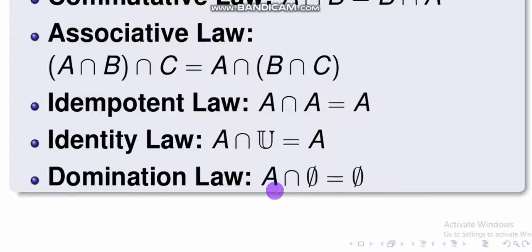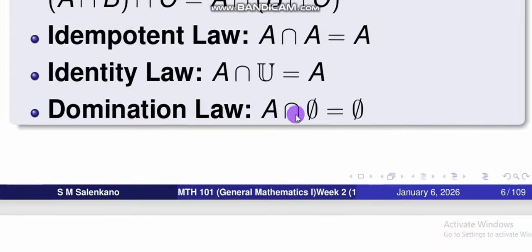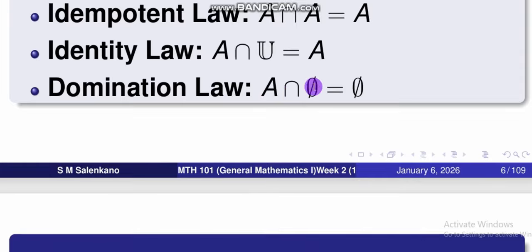So the intersection will just be an empty set again. Because you don't have element in the empty set, nothing will be common to them, so the result will just be nothing again.